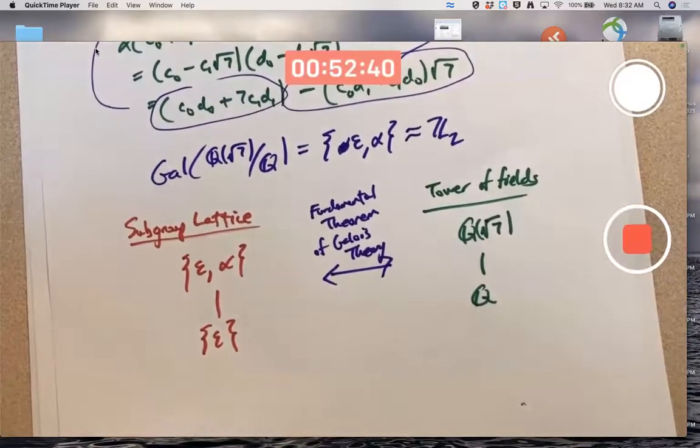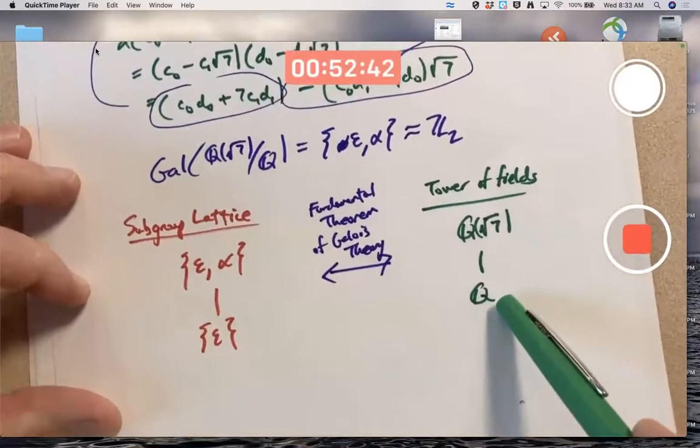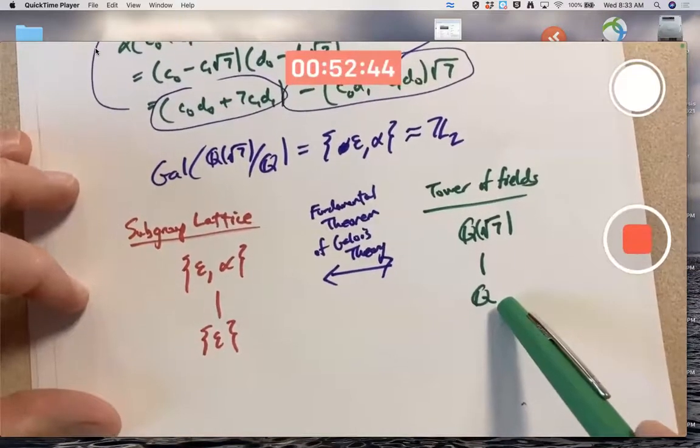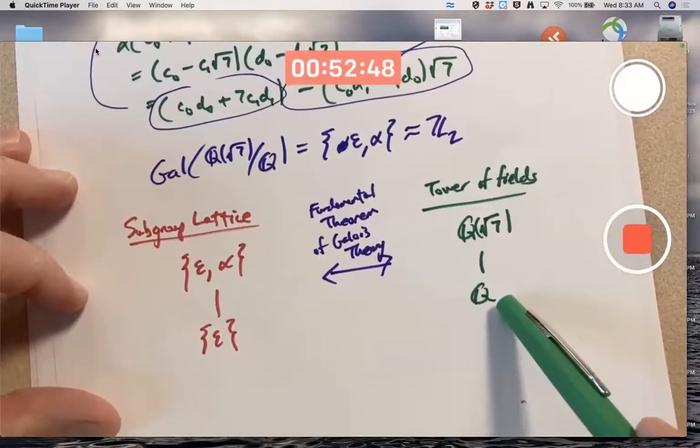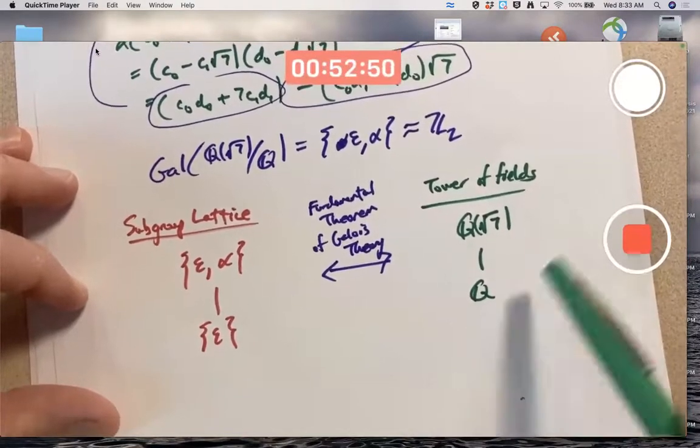I drew it in the ordinary way, but in a sense, it also would have been okay to draw it upside down. In other words, put the bigger field on the bottom and the smaller field on the top.